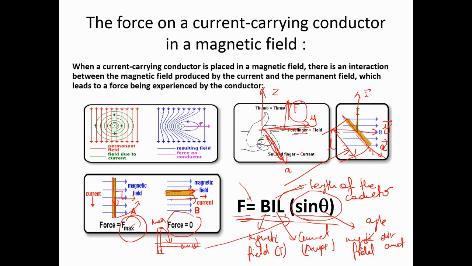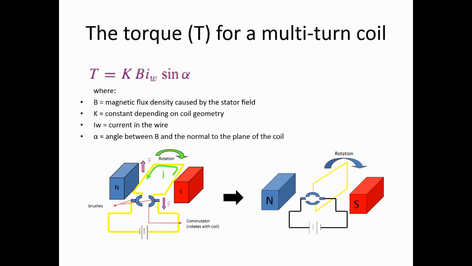It shows us the magnitude of force that's created on the conductor that carries a current I, where the conductor has length L and is placed in a magnetic field with intensity B. So if their direction has an angle of theta, then the force F equals B I L multiplied by sine theta. Right? Okay, now that was for a single wire.